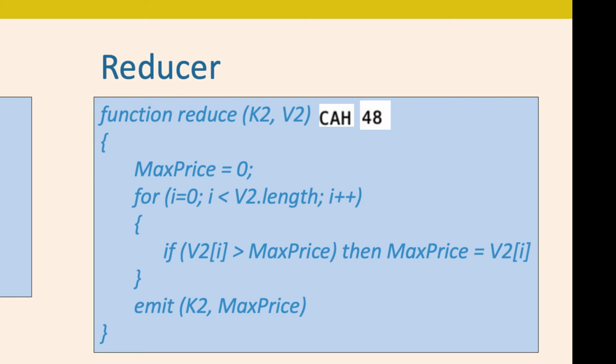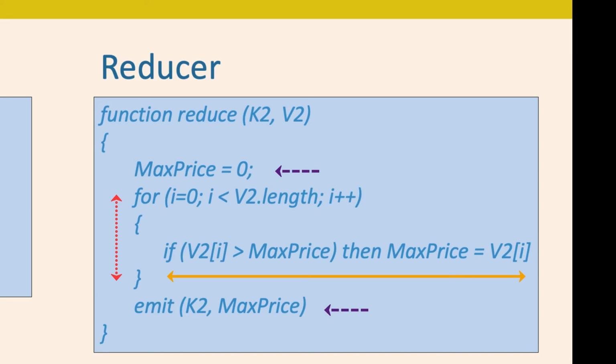So we start with a maximum price of 0, and then we go into a loop for each value of the key and make sure that we always keep the maximum price. If the value is more than the maximum price, then the maximum price becomes the value. Once there are no more values for the specific key, the reducer will emit the key and the maximum price.